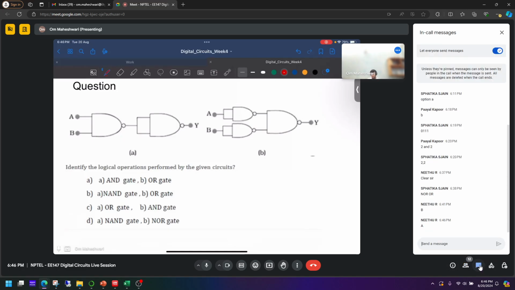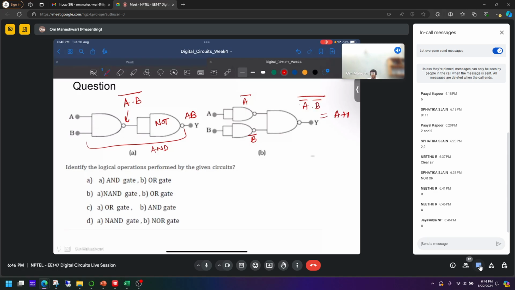Right. This is AB bar, and this is just a NOT gate. This is AB. This gate effectively is, and here it is A bar, B bar. This is again a NAND gate, so it is A bar, B bar, whole bar, which is A plus B, OR gate. Answer is option A.